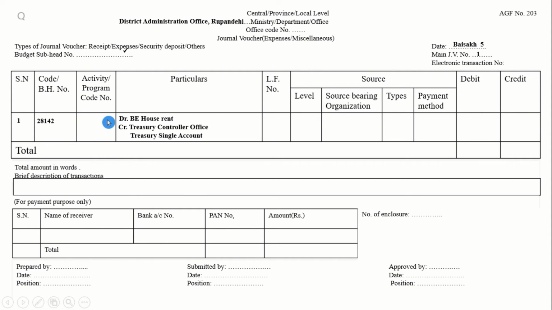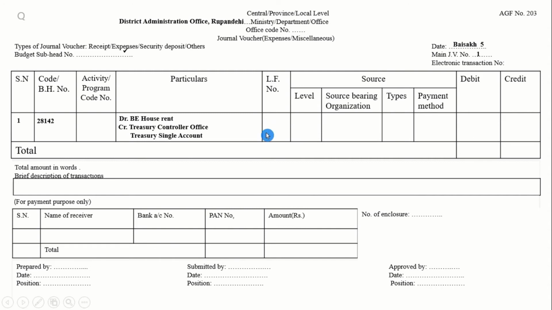Now activity program code number. The code number of the activity or program is written here, that is not given in the question, so no need to write. And ledger folio number, LF number: in LF number we have to write the page number of the ledger where the account has been posted.